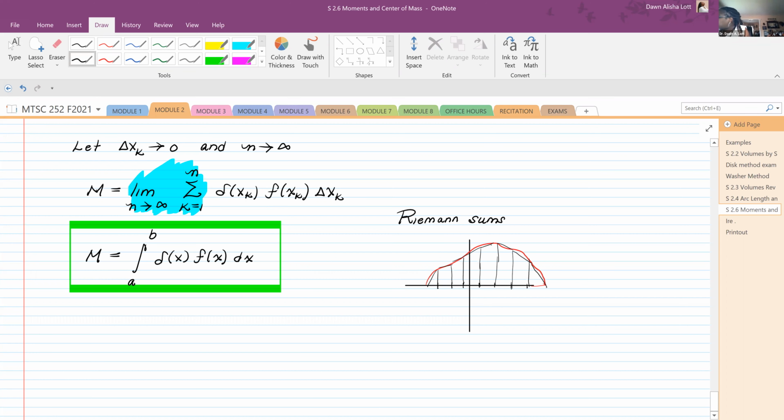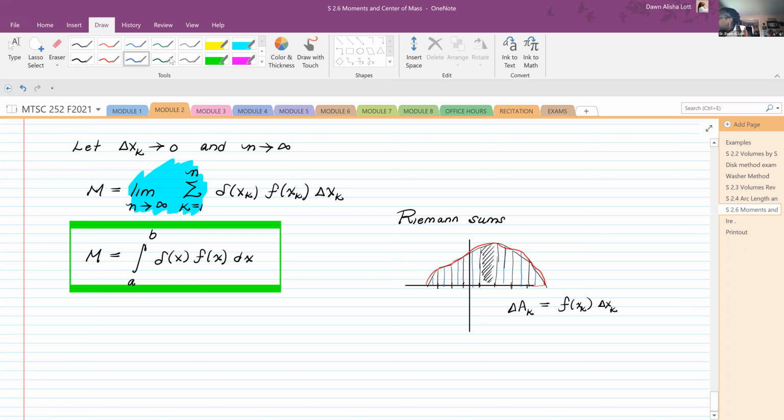So any one of these, that little area over xk is simply f of xk times delta xk. Now, every time I let these get smaller, like this, so now I've doubled n and the approximation gets better.